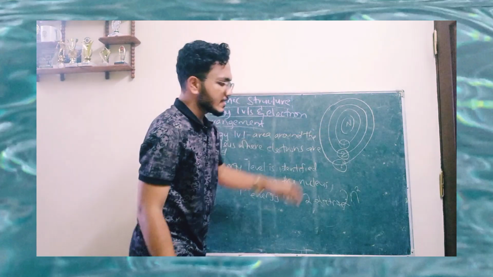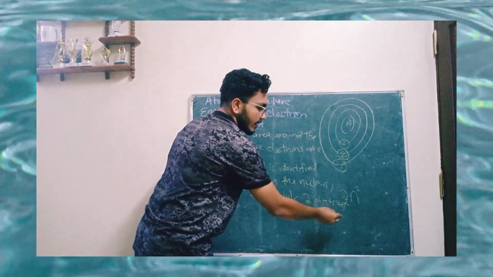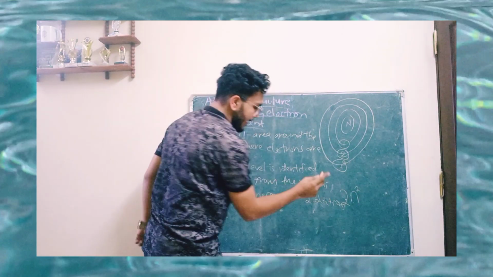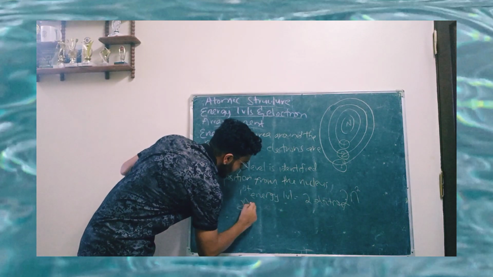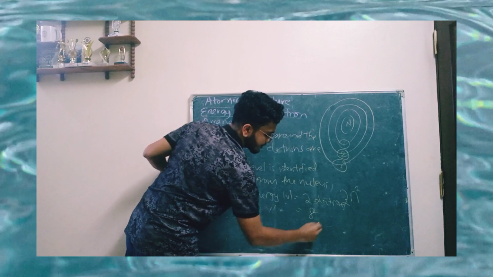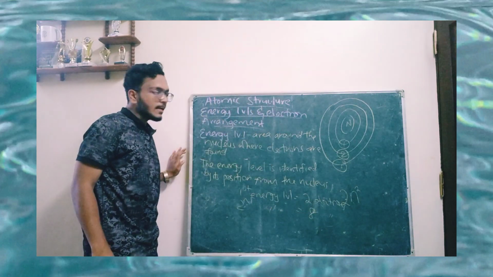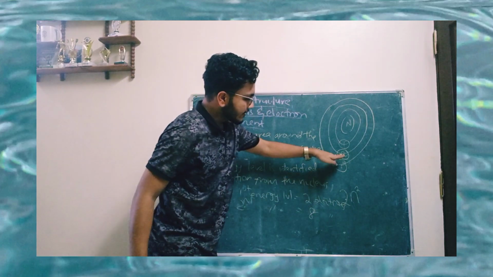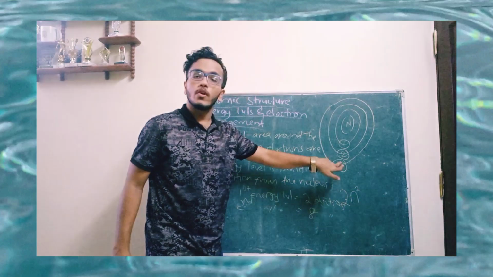Second energy level, substitute n with 2. 2 squared, 4, times 2, 8. So second energy level, 8 electrons. The third energy level, 3 squared is 9, 9 times 2 is 18.